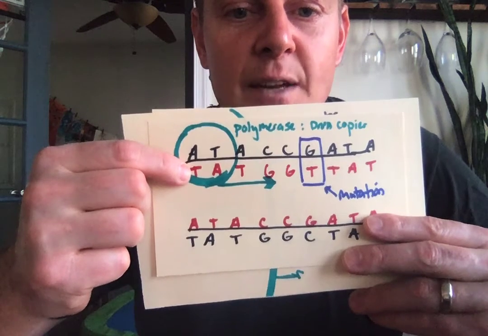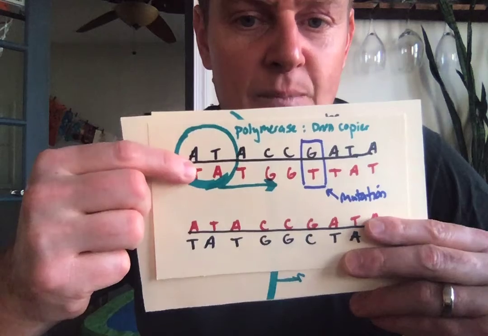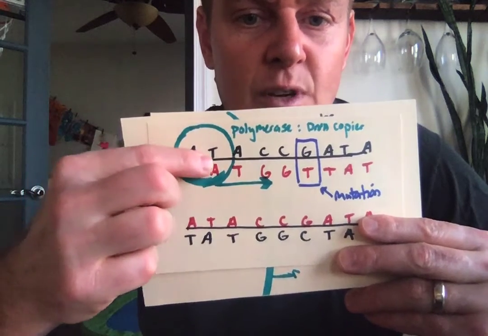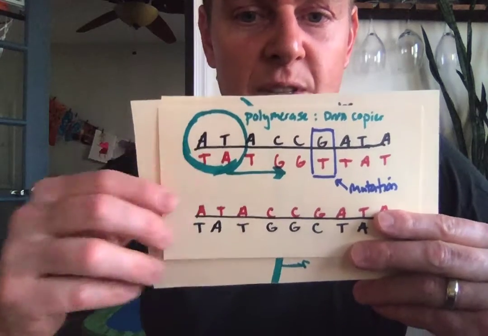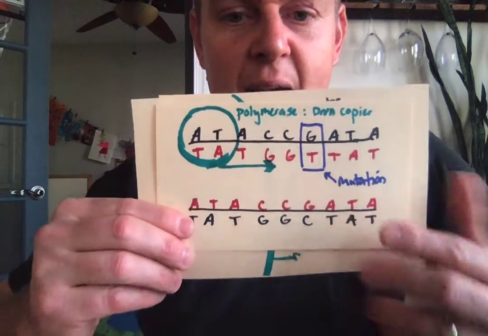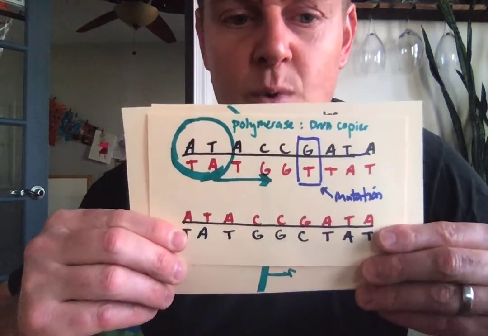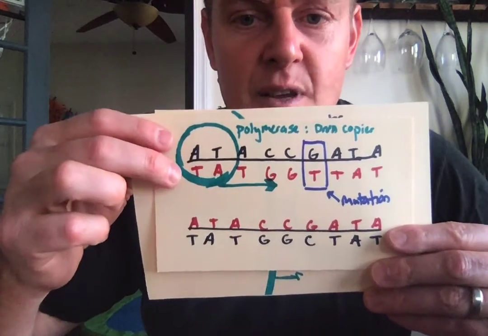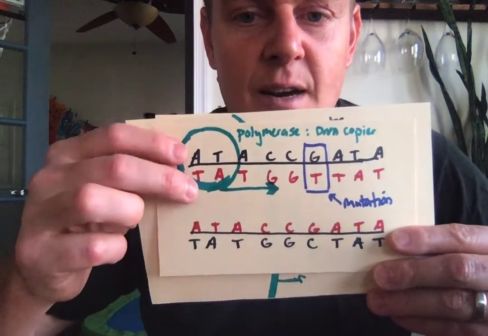You get these other letters, they're floating around in your body, and you pull them and you match up this code. So as this thing moves along and reads it, it's sticking in the corresponding letter. Well, you can see that down here the same thing happened, okay, and I kind of simplified the process. And what we should wind up with is two identical copies. We should wind up with a double strand here and a double strand here, and these guys are identical.